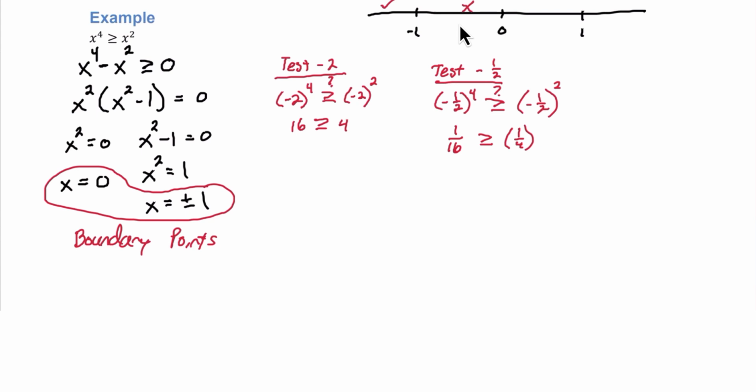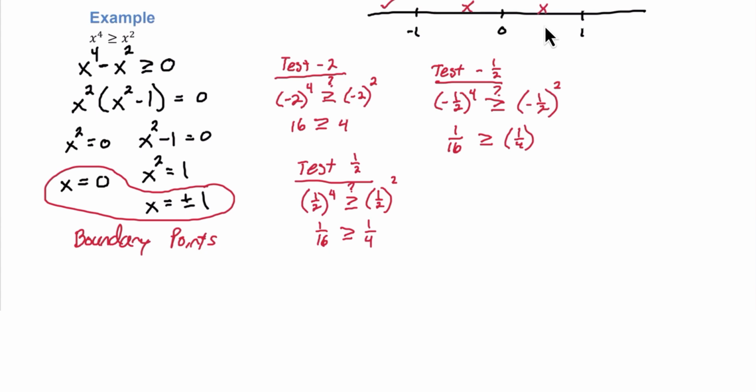Next, we can test a point in the third interval. Let's say we test +1/2. Going back to the original inequality, we'll plug in 1/2. We're asking, is this a true statement? We get 1/16 is greater than or equal to 1/4, which again is false.